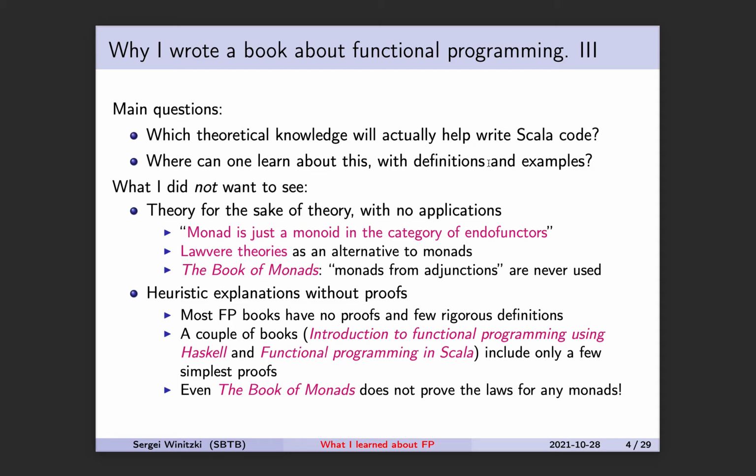I was not looking for theory for the sake of theory that has no specific applications and no benefits to programmers. So for instance, there is a joke in the community: a monad is just a monoid in the category of endofunctors. What's the problem?